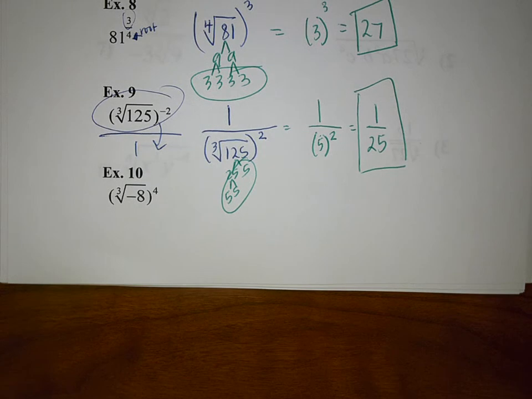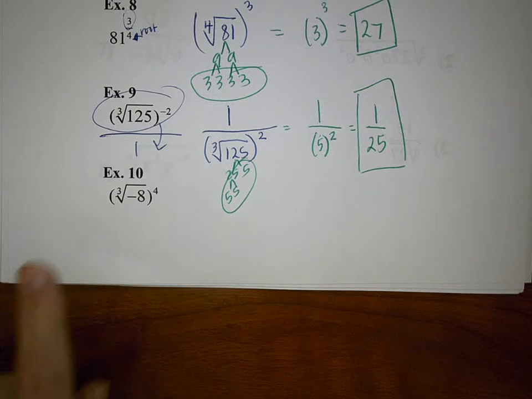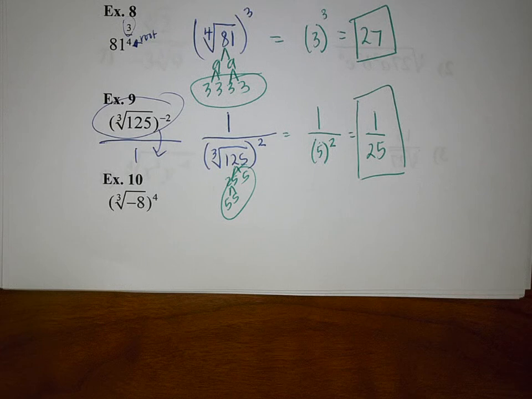I'm waiting. 1 over 5 because it's 2. And 1 over 25 because it's... So when it's a negative number, it's going to be negative. You're thinking along the right lines. Okay, so remember that if you have an odd root, you can end up getting a negative answer.